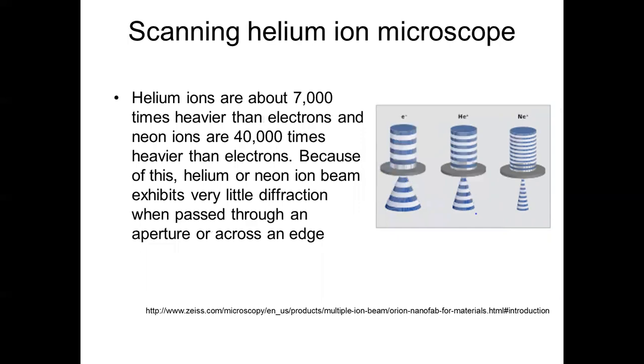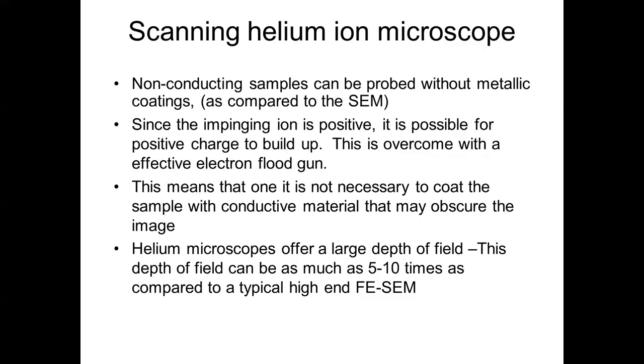Because of this, helium or neon exhibits very little diffraction when passed through the aperture or across the edge. We can see this in our picture here on the right, where we have more spreading with the electron than with the helium, and even more with respect to the neon ions.